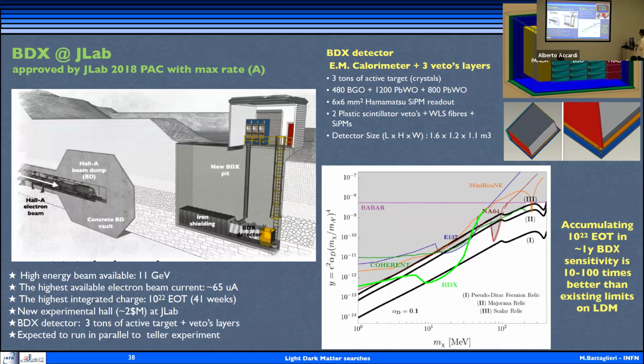And the detector, again, is simple: a calorimeter based on crystals that puts a lot of massive material together, a volume equivalent to about a cubic meter. So it's about 1,000 to 1,500 crystals.